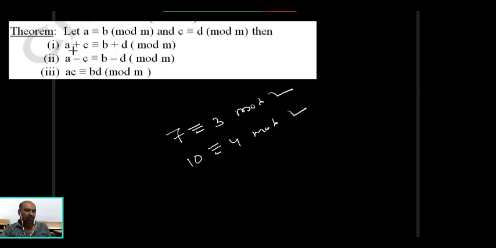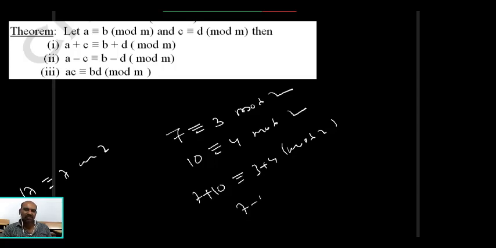Property 1 says that you can add: 17 plus 10 is congruent to 3 plus 1 modulo 2. Observe this statement now: 7 plus 10, 17, is congruent to 7 modulo 2, since 17 minus 7 is divisible by 2. So you can add and subtract.